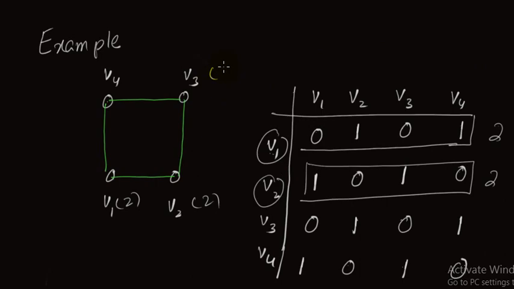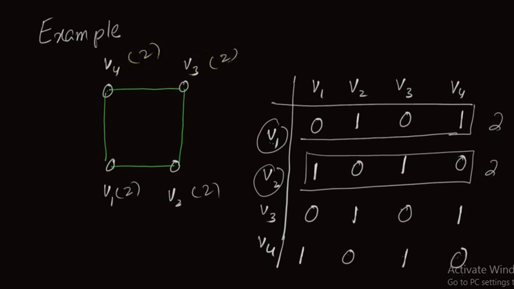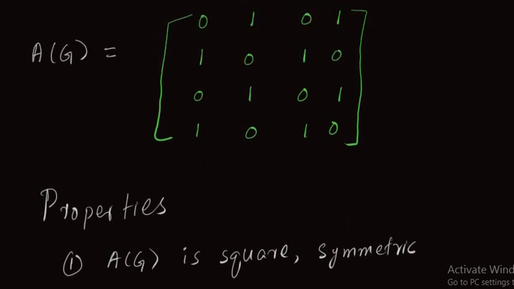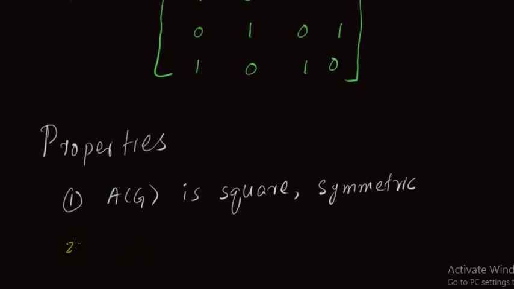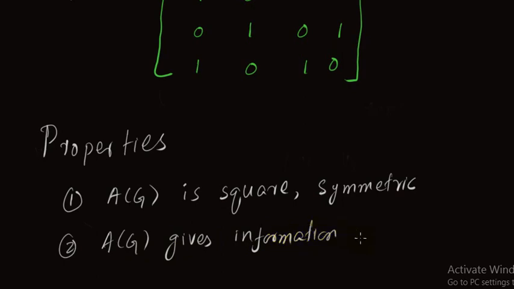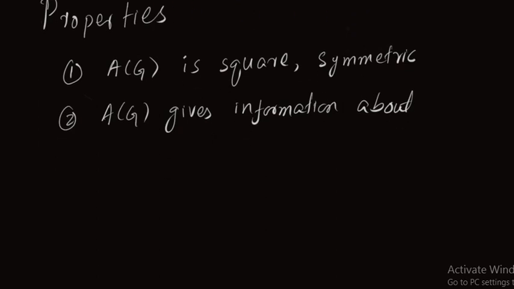This is our second property of the adjacency matrix, that the adjacency matrix AG gives information about the degree of all vertices.